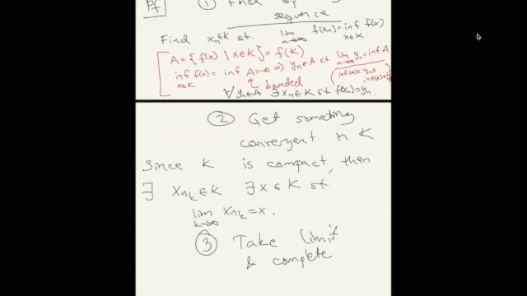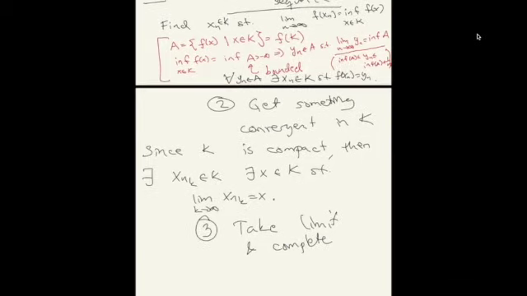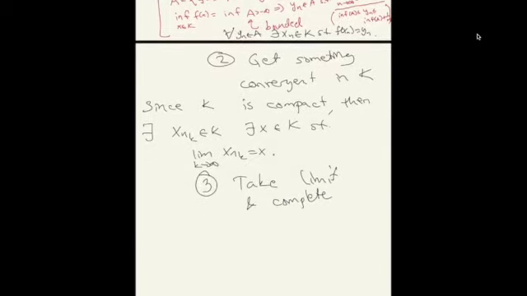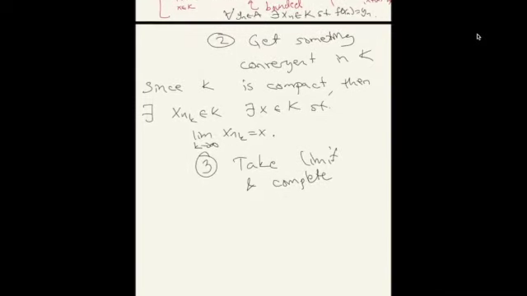This is what it means to be a convergent subsequence. And sometimes I'll say convergent subsequence in K to emphasize that the limit is actually in K. Now, the limit could be in the bigger space X, but here, for compactness, we're really insisting that the limit lies in the subset K that we are interested in. This is related to the fact that the subset K has to be closed for it to be compact.